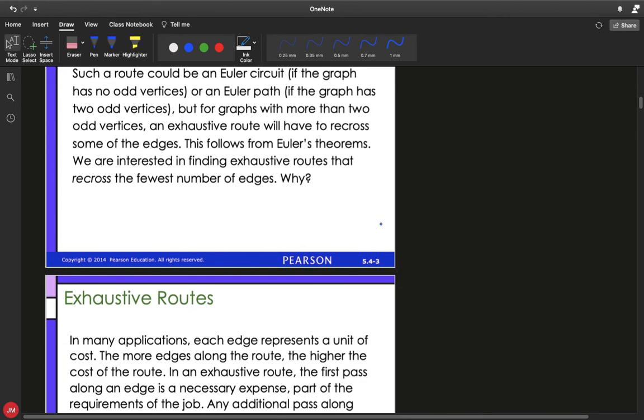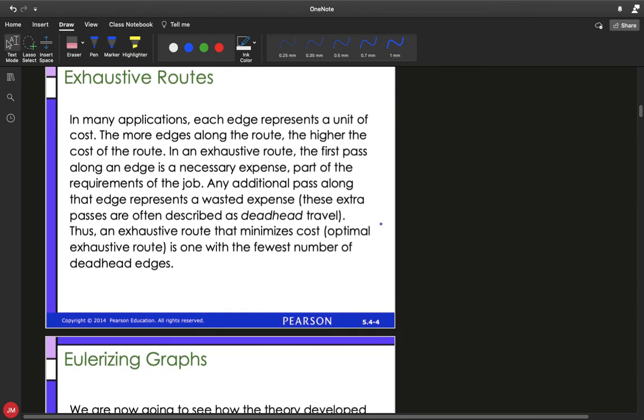All right. So that's some information about exhaustive routes. One of the things that we're looking at when we talk about exhaustive routes is the idea to minimize deadhead travel as much as possible. Basically what deadhead travel is, and we'll talk more about this as we go through some examples, are the extra passes, so the extra times that you are driving down a street or going down a path.